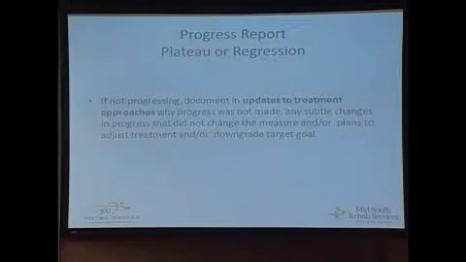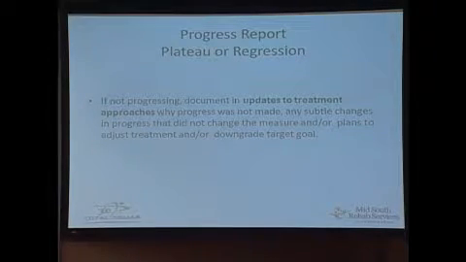That's important. Okay, so if not progressing, like I said, document the updates to treatment approaches, why progress was not made, any subtle changes in progress that did not change the measure, and your plans to adjust or downgrade the goals. Now, anytime you adjust, upgrade, modify, increase the complexities of a goal, you always have to document why you did it in the body of your progress note. You can say patient is making excellent progress in gait and balance, target short-term goals have been upgraded.